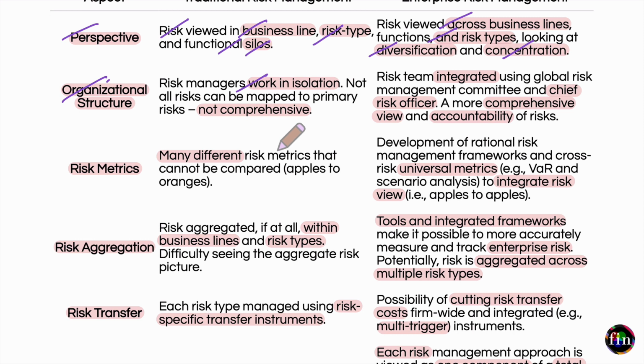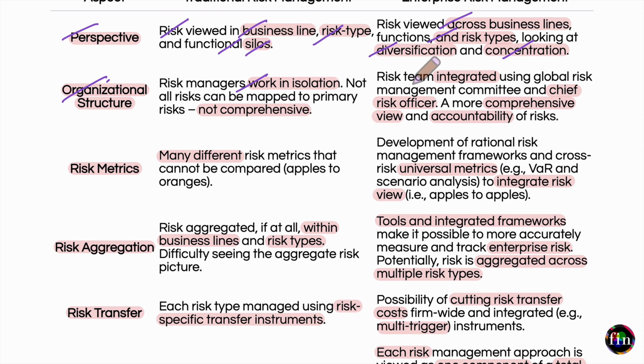There are quite a few risks, for example, liquidity risk, which you cannot really map to the primary risks of market, credit, and operational. Therefore, very important types of risks may not come under the oversight of any risk manager, and therefore this way of managing risks is not comprehensive. There might be risk types which kind of escape through the net.